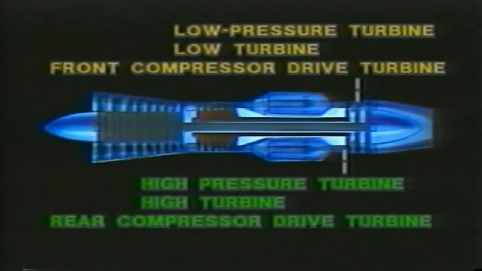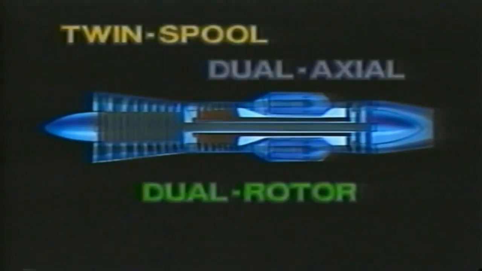The same trend in language also follows for the turbine. And you'll find the dual rotor concept itself called by other names: twin spool, dual axial. Take your pick. They all mean the same thing. Since most of our engines today have a dual rotor, we'll use this type in illustrations coming up.